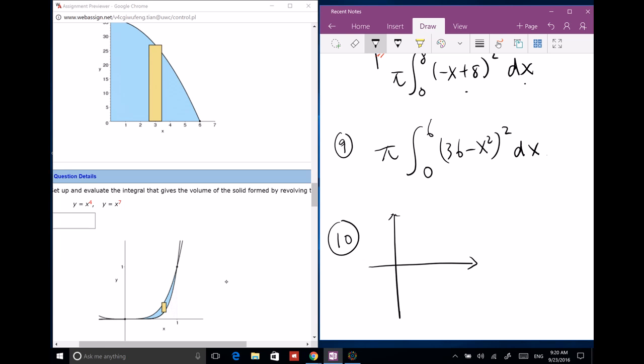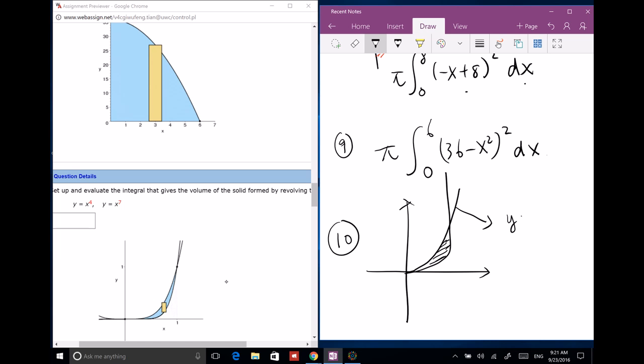So x to the power 4 and x to the power 7, from 0 to 1. x to the power 4 is bigger at the beginning, and x to the power 7 is bigger after 1. So this point is (1, 1), and this point is (0, 0).